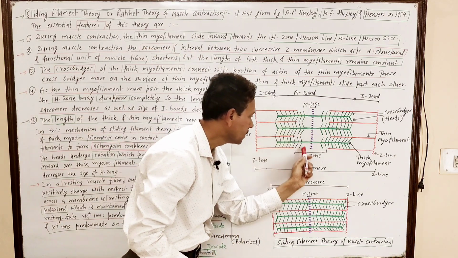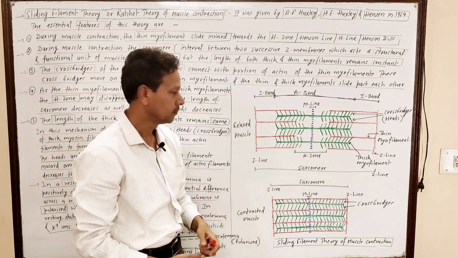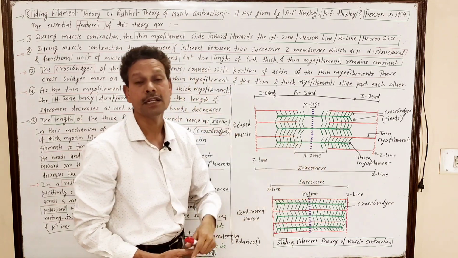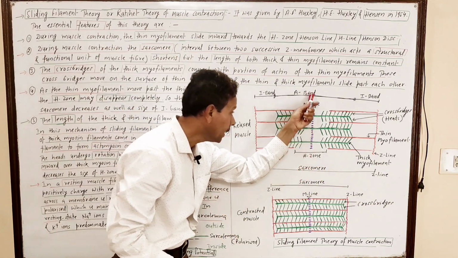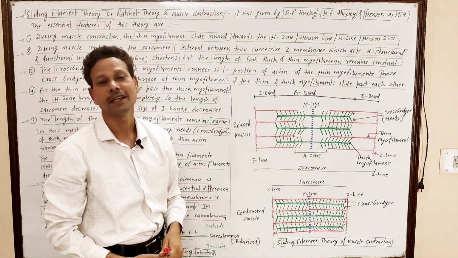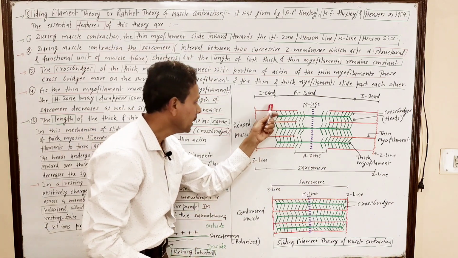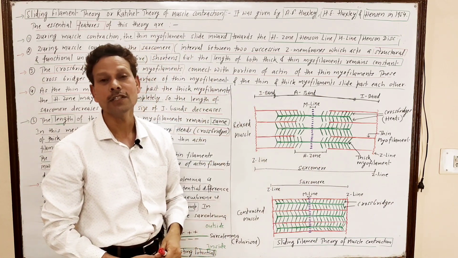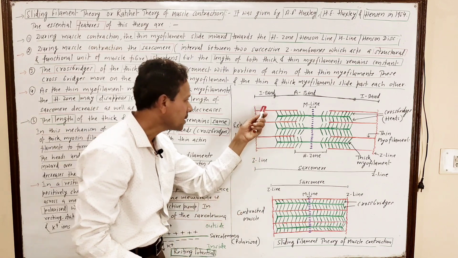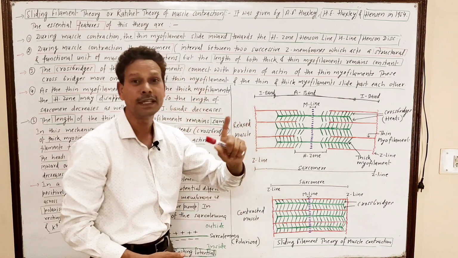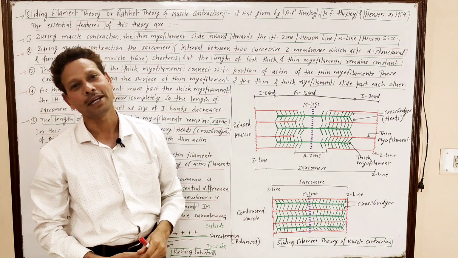In this A band, the H zone is present, and in its middle part the M line is there. These I bands, isotropic bands, are made up of only thin myofilaments.